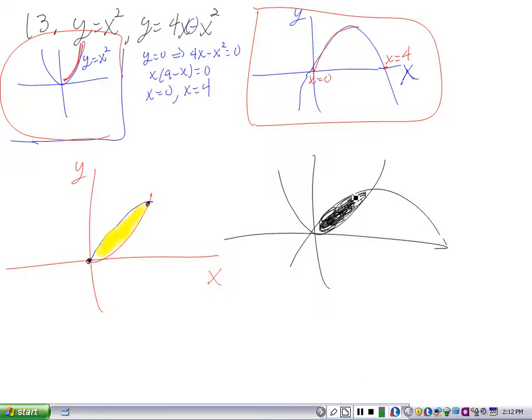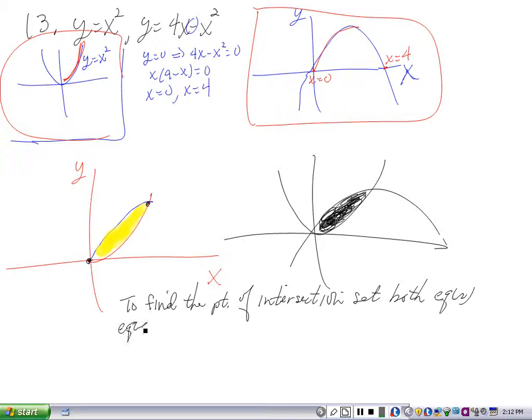So if that be the case, to find out where they intersect, we set the two equations equal to find the point of intersection. So that gives us x squared is equal to 4x minus x squared. And then we solve there. We have 2x squared minus 4x equal to 0.